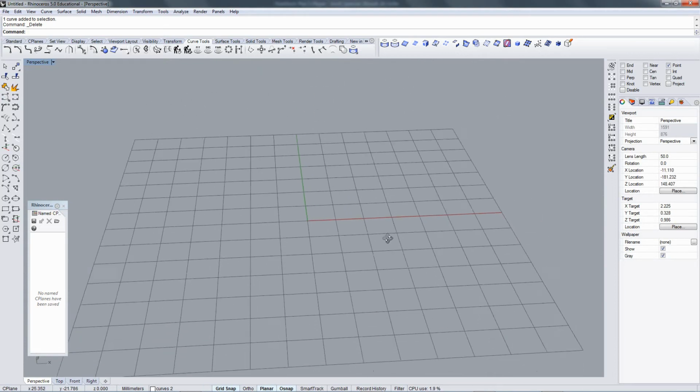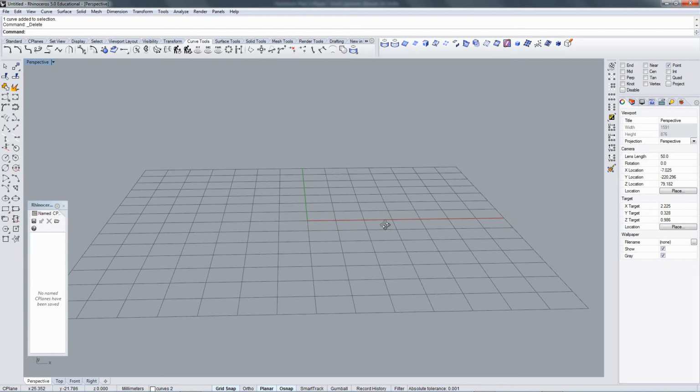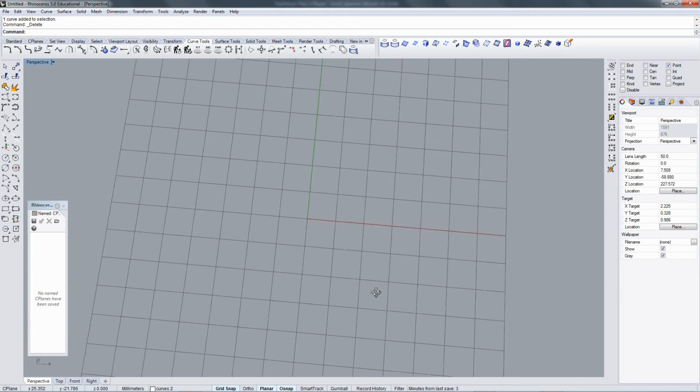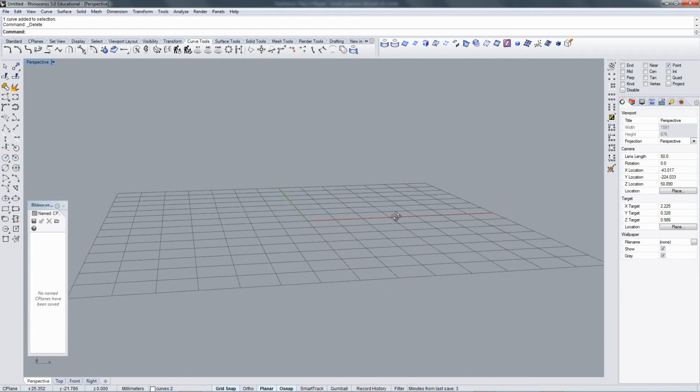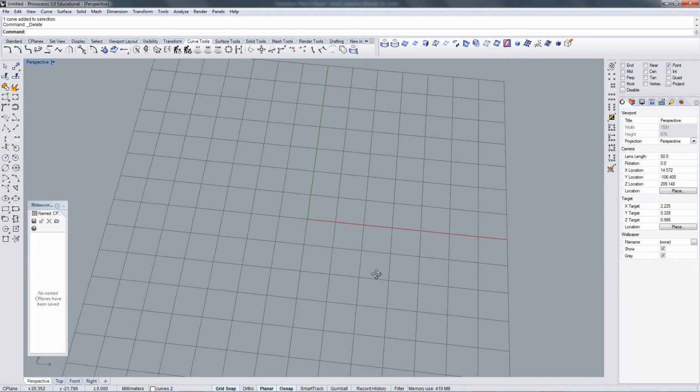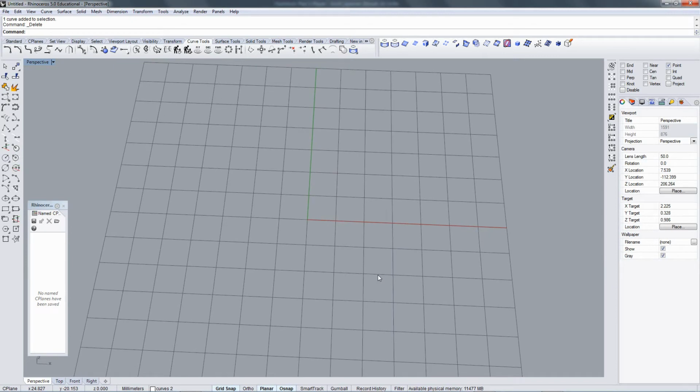Top gives you X and Y. You can't do Z from the top C-plane. It's not available to you. And this is an important thing to understand: from a practical perspective, a C-plane really tells you where your mouse can go. Where you can work.